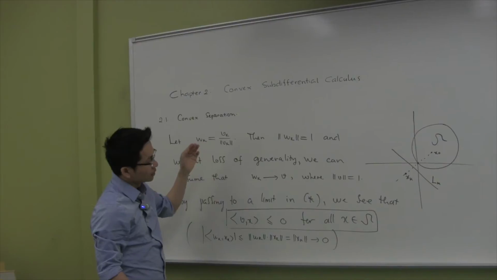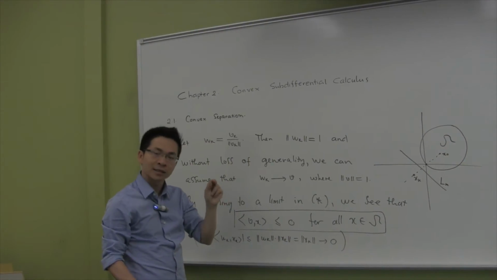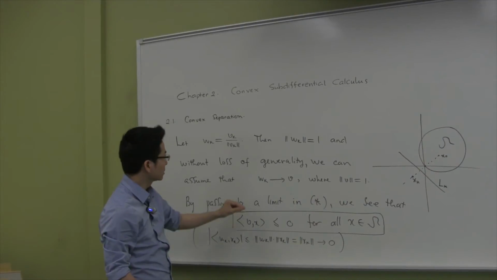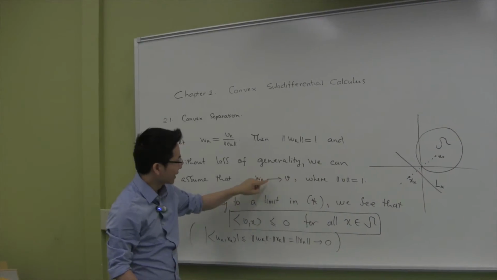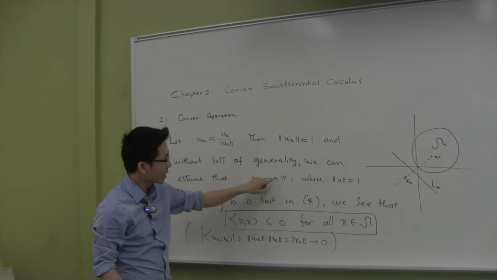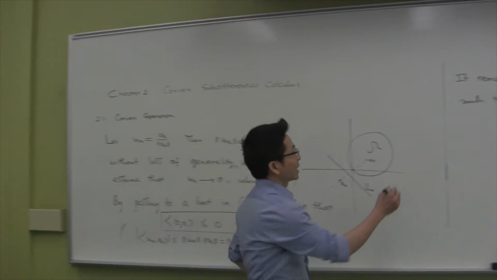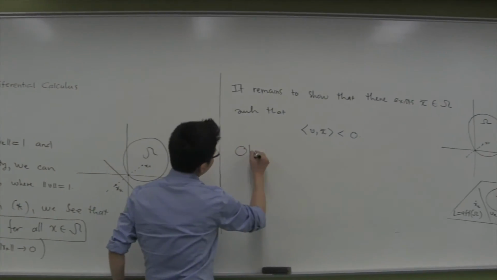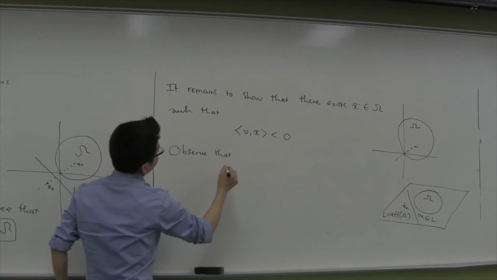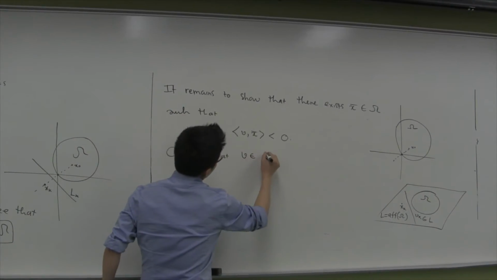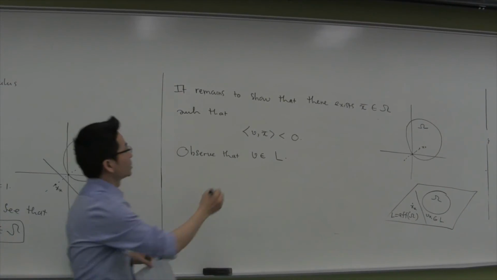And because L is a subspace of R^n, it is closed. So W_k converges to V, and each W_k is in L, therefore V is also in L. So observe that V is in L. This is a very important observation.